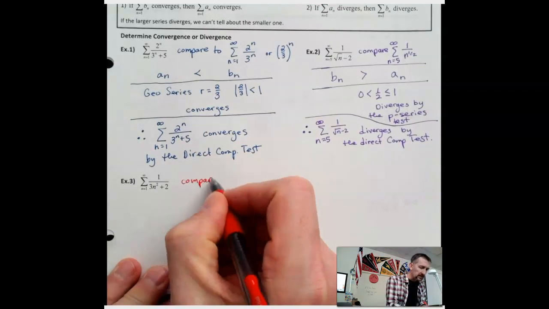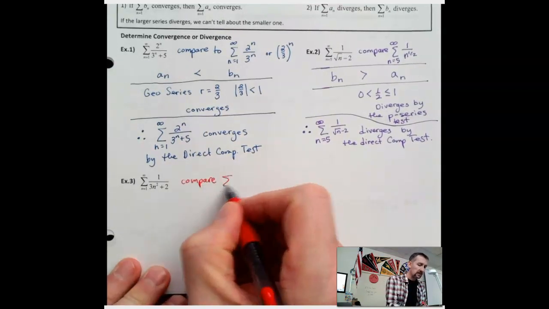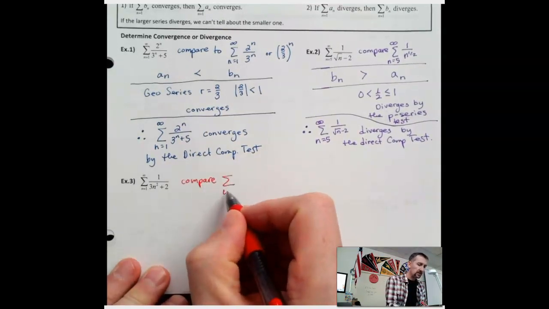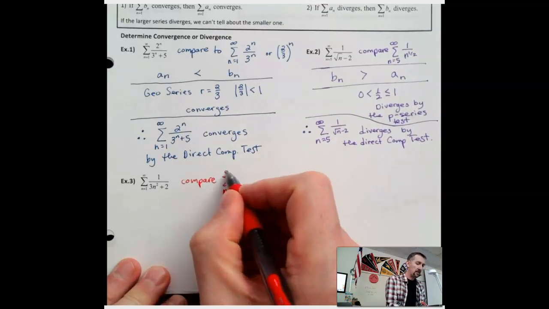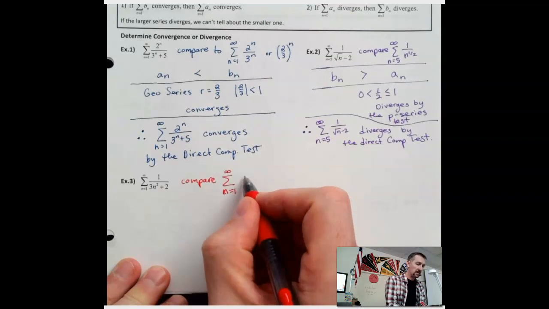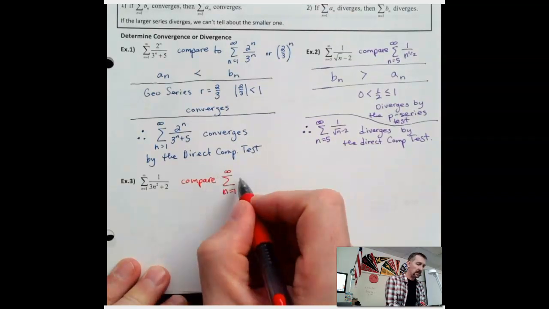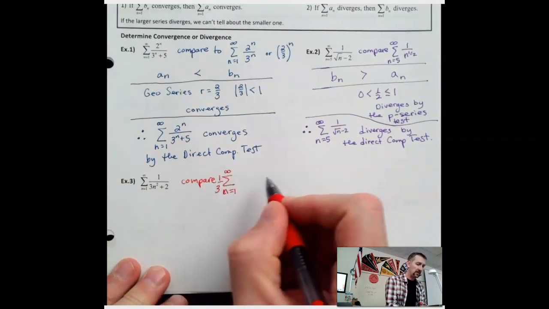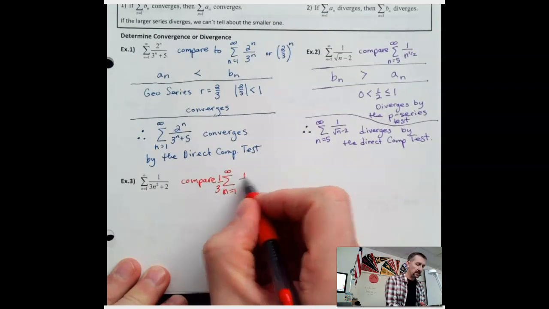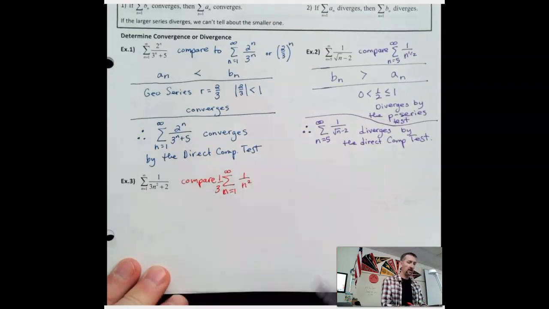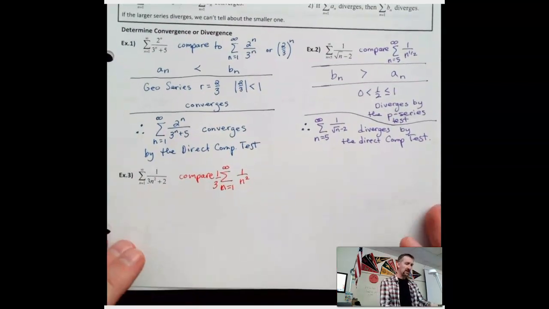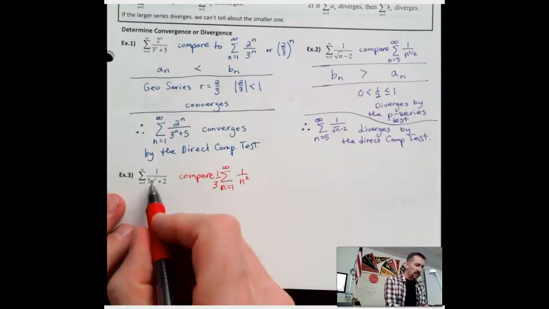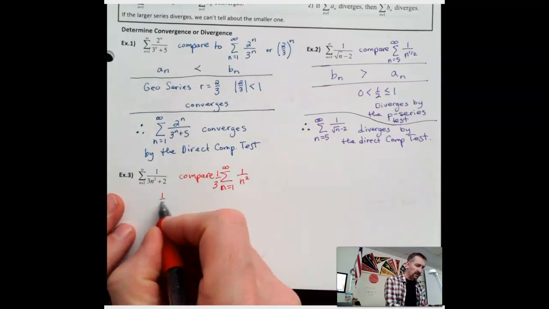Alright. So here, let's compare this to the sum from n equals 1 to infinity. Let's factor out the 1/3. Just have 1 over n squared. We're going to drop that. So if we plug in a 1, we're going to get 1/5 here.